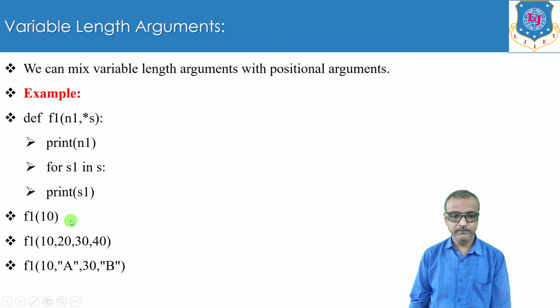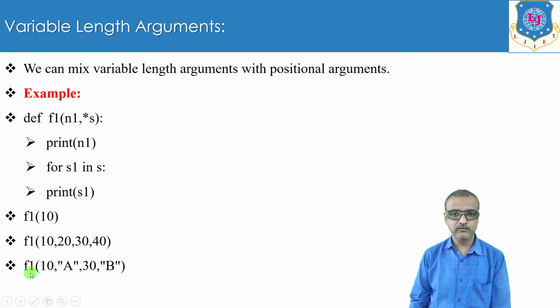It will print all these values, that is 10, 20, 30, 40, because it is a variable length argument which is defined by star s over here. So for every s1 in s, it will print s1. So here the value of s1 will be 10, 20, 30 and 40, so it will print 10, 20, 30 and 40.